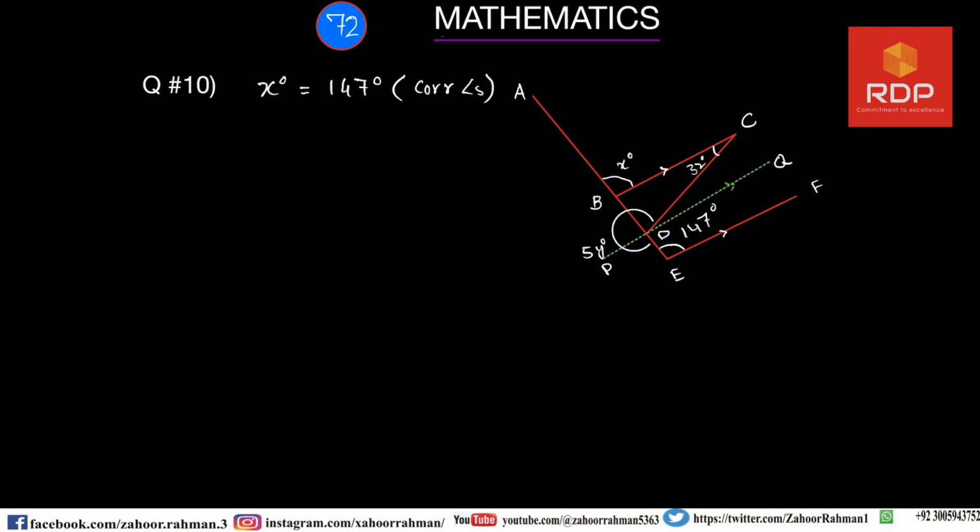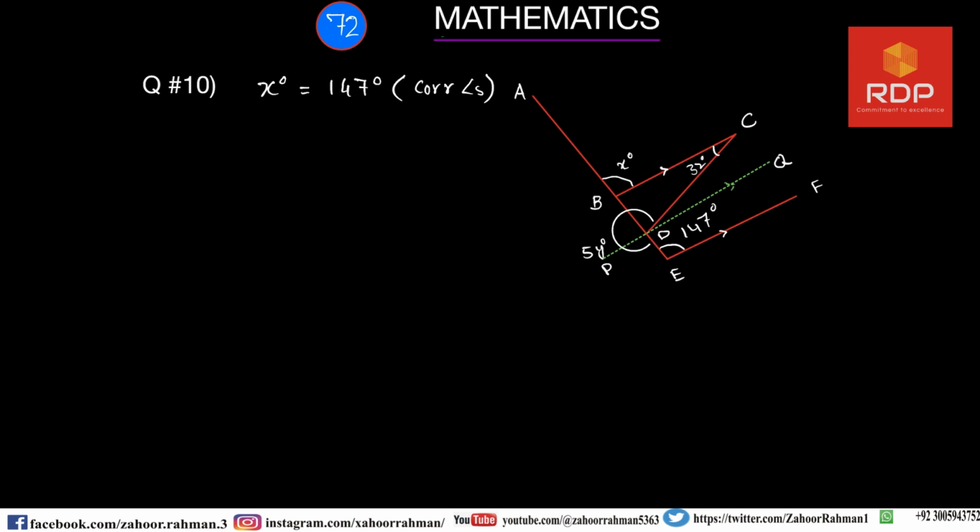So in the strategy, first we have to find this angle, and then we have to find this angle, and I will add those two angles and give it a name, and then we will subtract it from 360 degree. Okay, now we have devised the plan, and now let us go towards the plan.